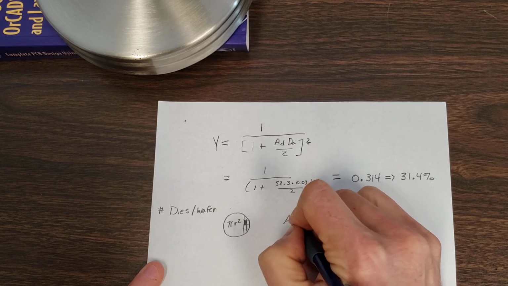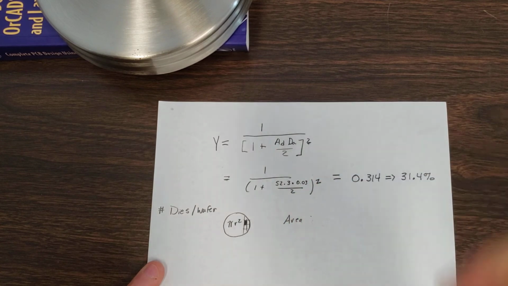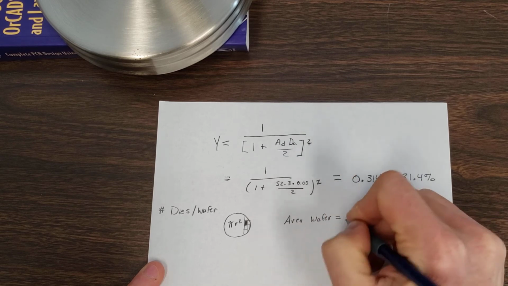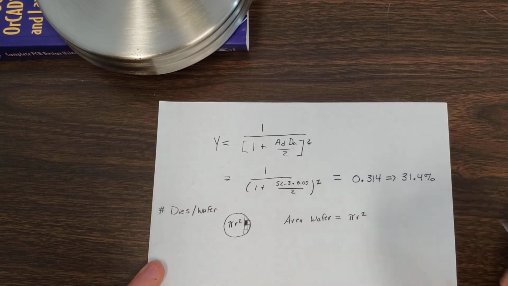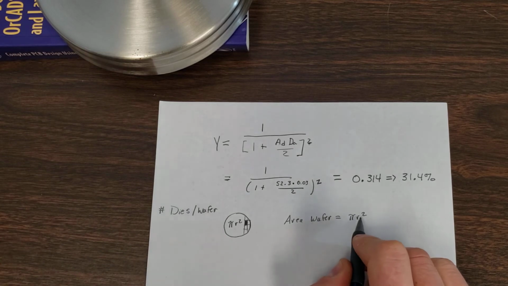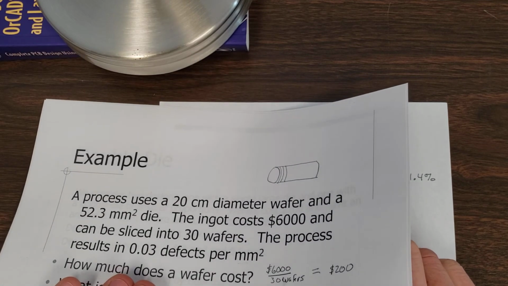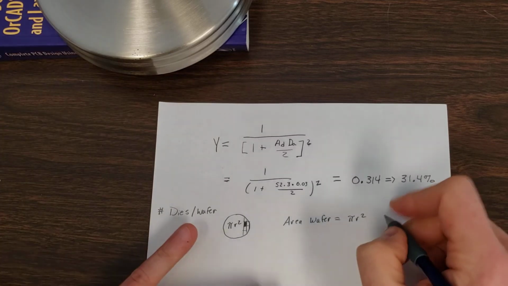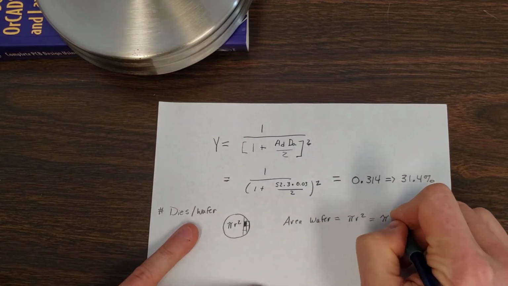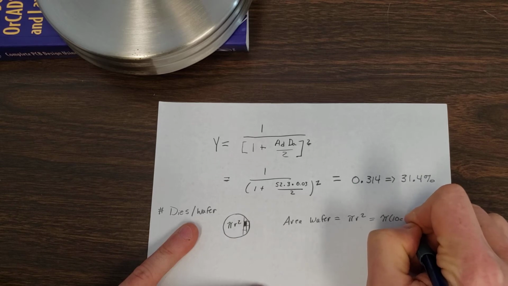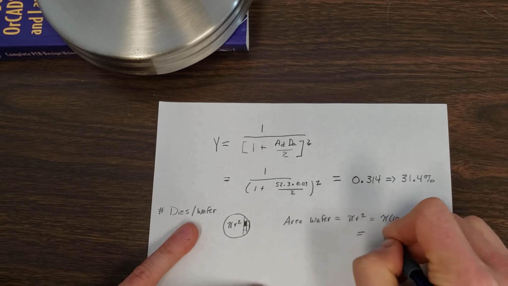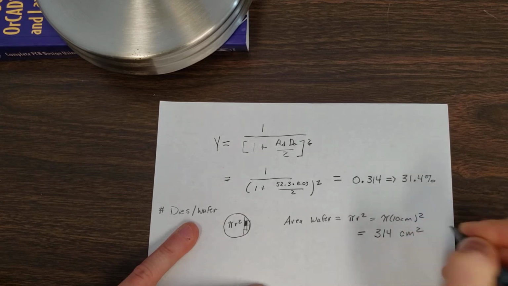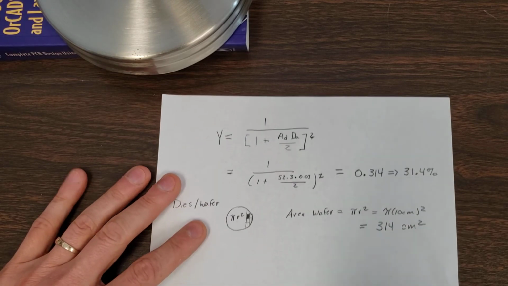The area of the wafer is equal to pi r squared. It gave us a 20 centimeter diameter, so this is going to be pi times 10 centimeters squared, and that's going to be 314 square centimeters for the wafer area.